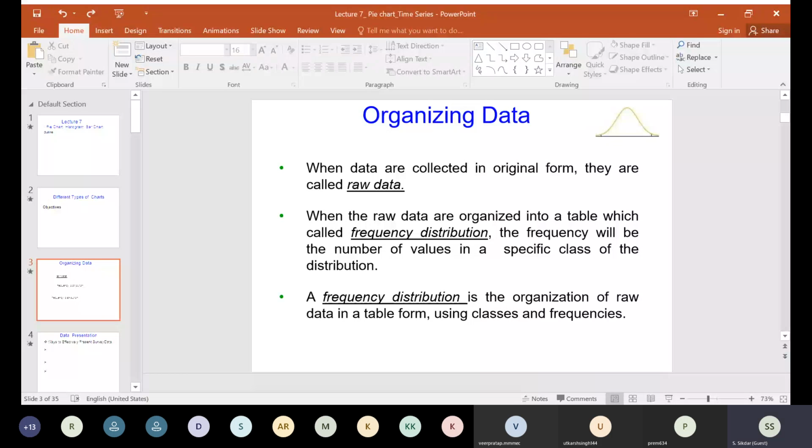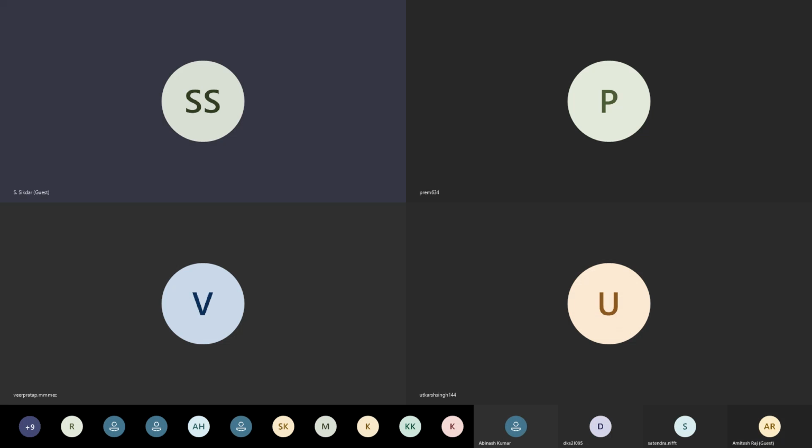Every time this is happening, I don't know why. Then screen share, desktop or Windows, clicking there, then entire screen.